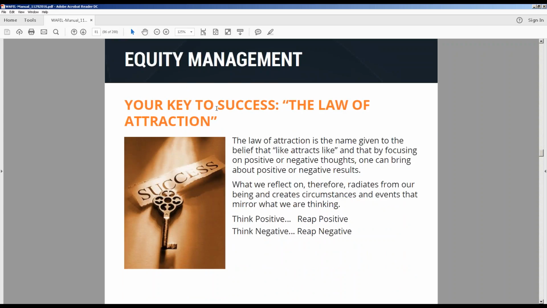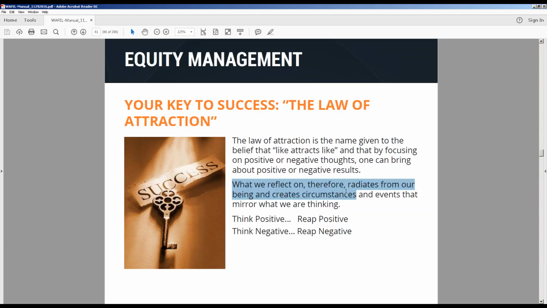Your key to success is the law of attraction. The law of attraction is a name given to the belief that like attracts like, and that by focusing on positive or negative thoughts, one can bring about positive or negative results.